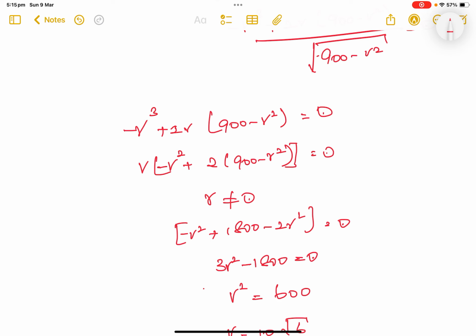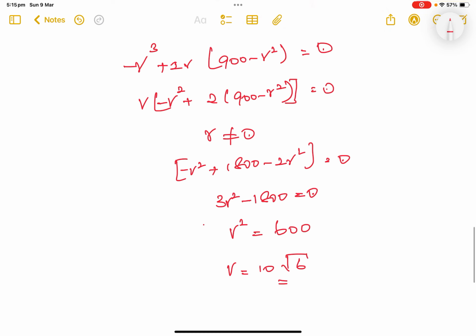R cannot be 0, so what can be 0? Minus r squared plus 2 times 900, 1800, minus 2 times r squared. So minus r squared, minus 2r squared, minus 3r squared, plus 1800.